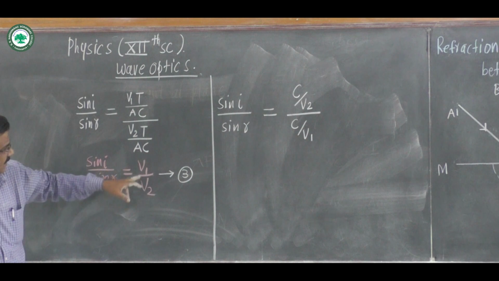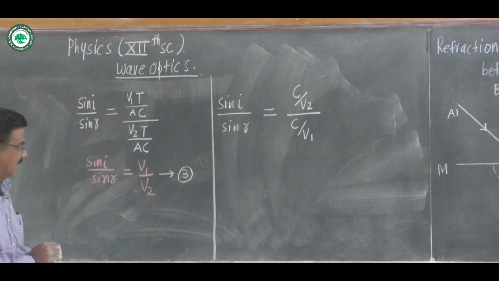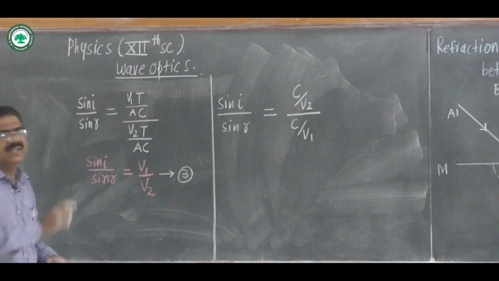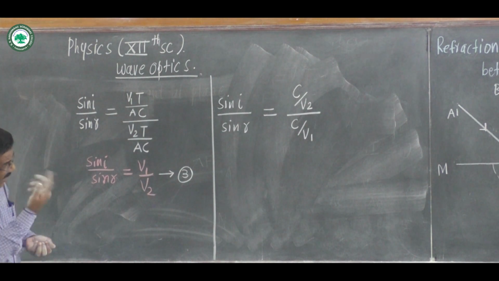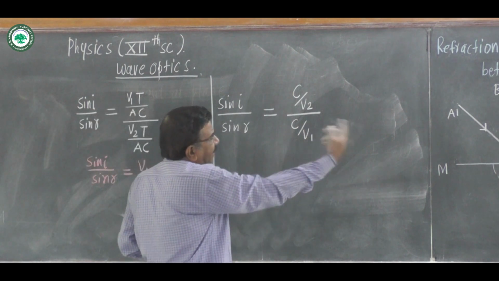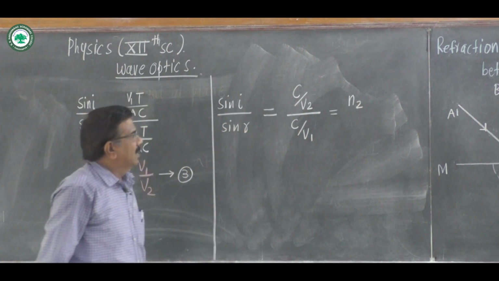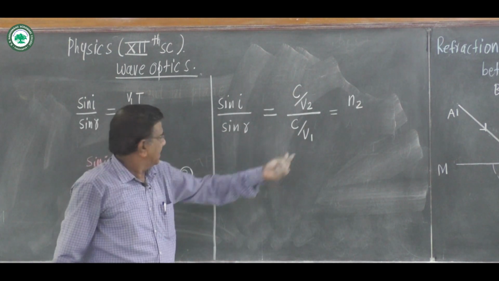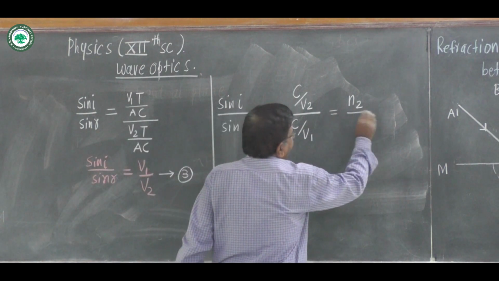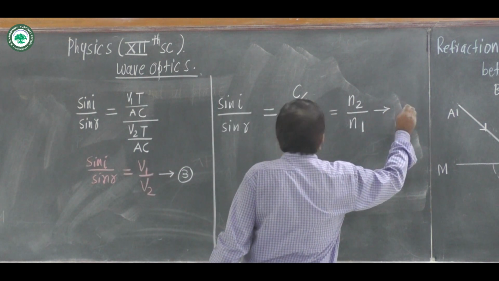Simple step. But this C upon V2 is the absolute refractive index of medium 2, that is N2, and C upon V1 is the absolute refractive index of medium 1, that is N1. Suppose this is equation 4.